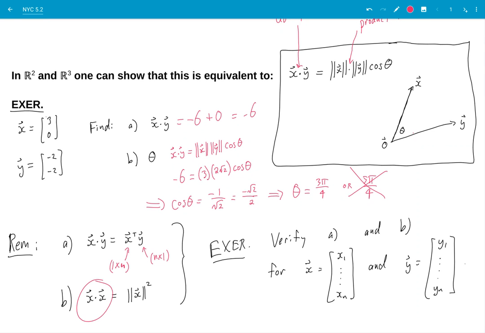And if you do a dot product of x with itself, you get this guy. Okay, I want you to, as an exercise, verify these two things, especially the second one. This is very much worth your time. So pause and try that, and let me know during class if you have any trouble. For now, we'll move on.